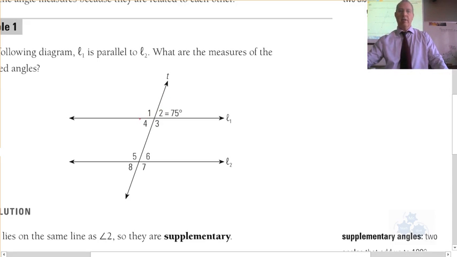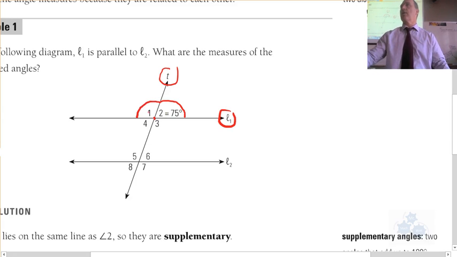So if I have this line right here, line 1, and T, the transversal, intersects at this point, if this is 75, this angle right here, what we know is that we can figure out right away what angle 1 is. Because angle 1 plus angle 2 have to add up to what? You guys know? 180, right.